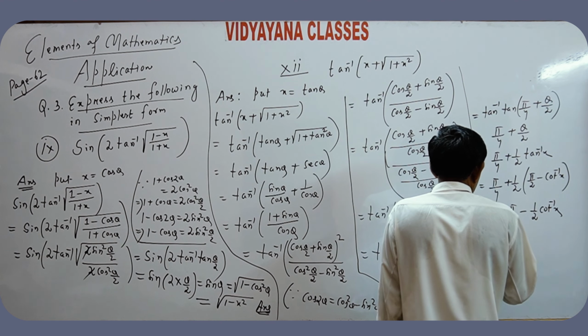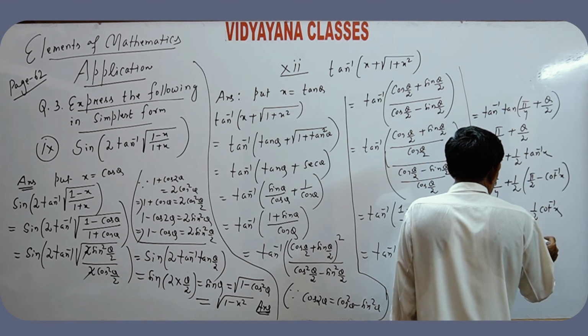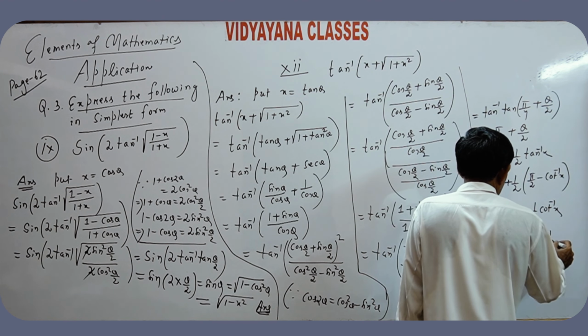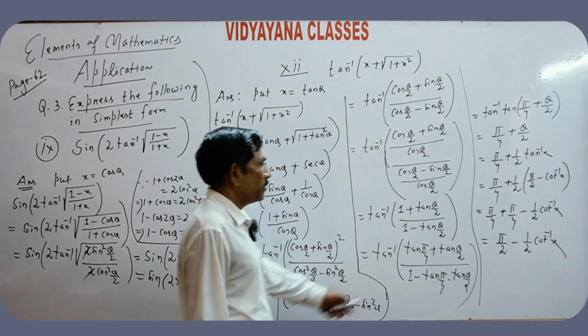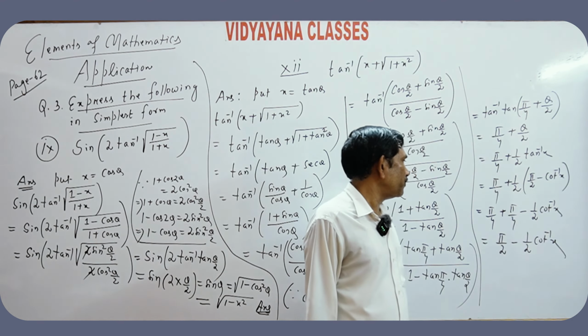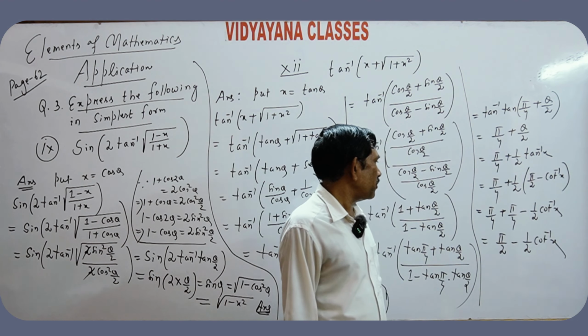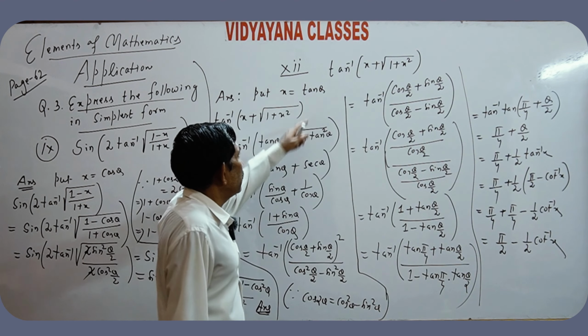It is pi by 2 minus half of cot inverse x. Pi by 4 plus pi by 4 is pi by 2, minus half of cot inverse x is the simplest form of this.